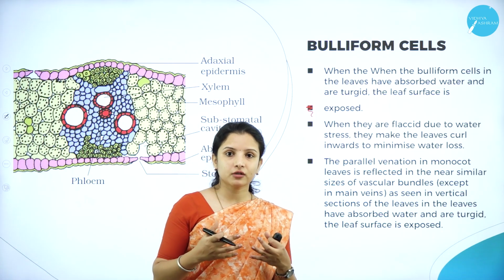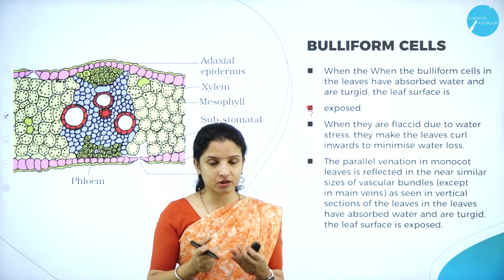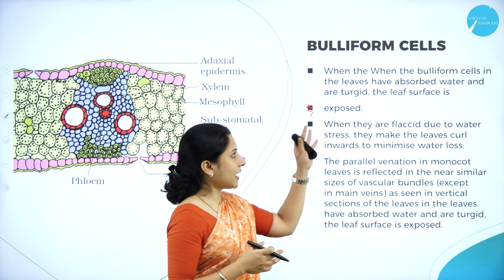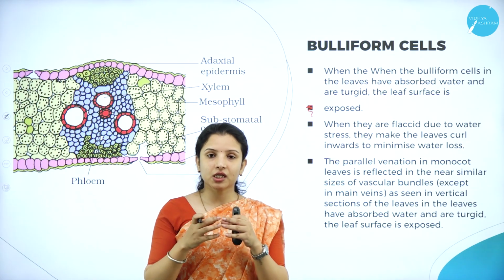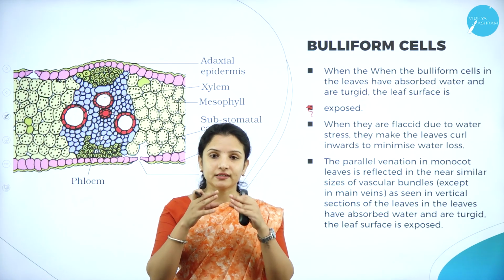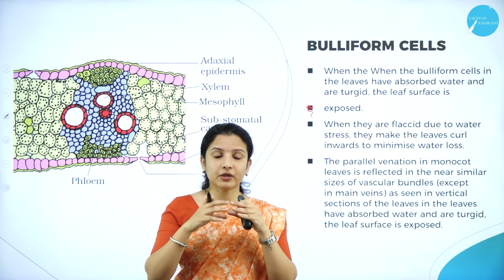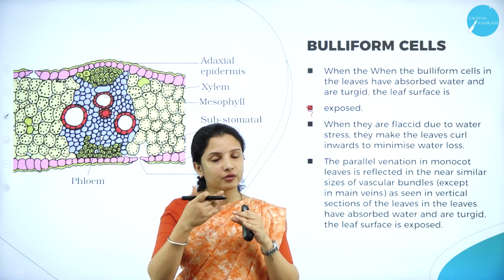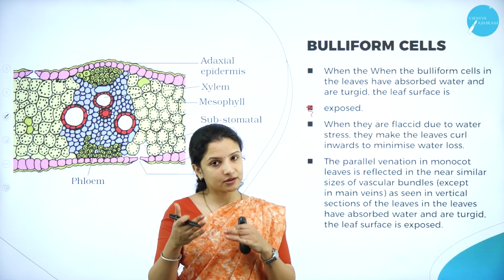Sometimes the leaves absorb more moisture or water than is needed. At that time, turgor pressure is created, which leads to the expansion of the epidermal cells, and those epidermal cells, converted into bulliform cells, help in the removal of the excess water.